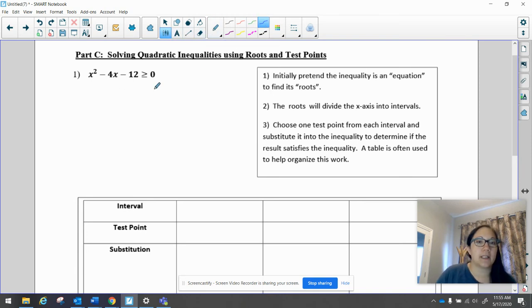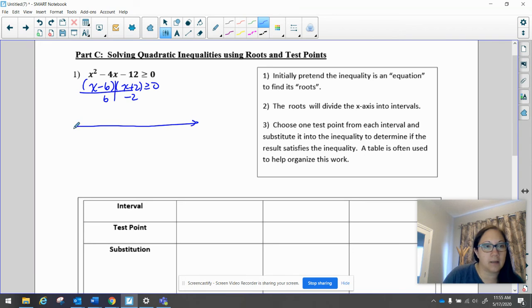Okay, so our first example here, initially pretend it's an equation to find its roots. So you would factor this, x minus 6, x plus 2, and that would give us our roots of 6 and -2. Okay, so if you think about 6 and -2 on a number line, -2 would be there and 6 would be to the right of it.